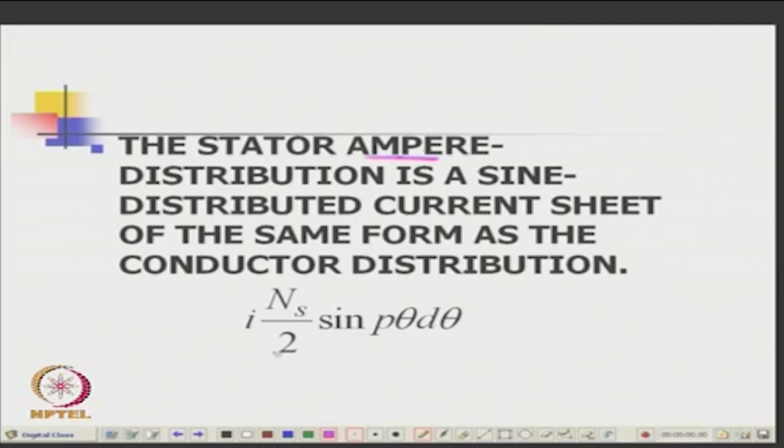So you can represent it by sine p theta, because p is the number of pole pairs, this is the current and ns is the number of turns. This is how the current is distributed with reference to theta.